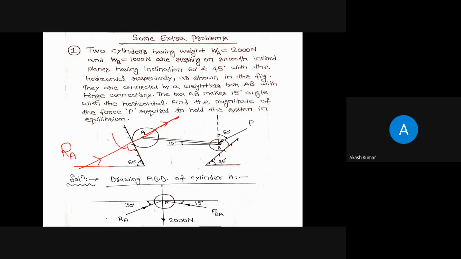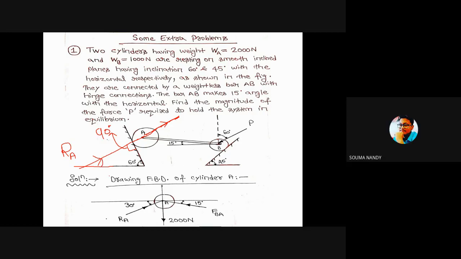I know that reaction force always makes an angle of 90 degree with the surface, that is Newton's third law of motion, which we have already studied. This angle is 90 degree. If this is 90 degree and this angle is 60 degree, and we consider this particular triangle, we can easily find out this angle. Can you tell me how much is this angle?